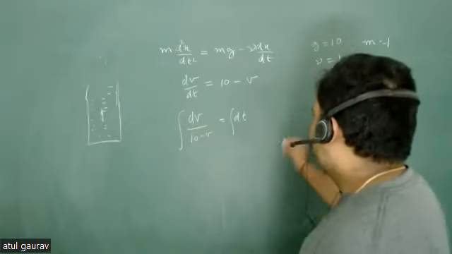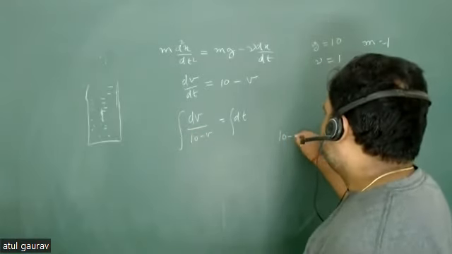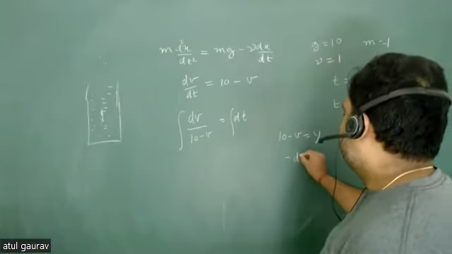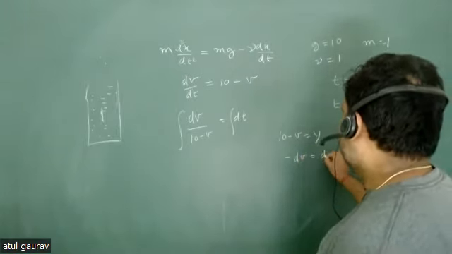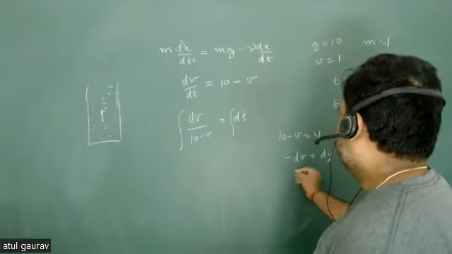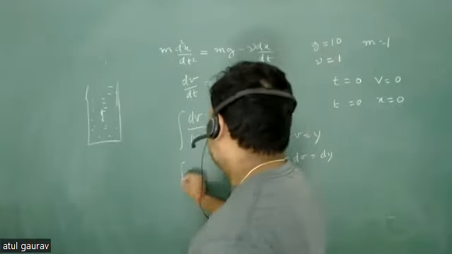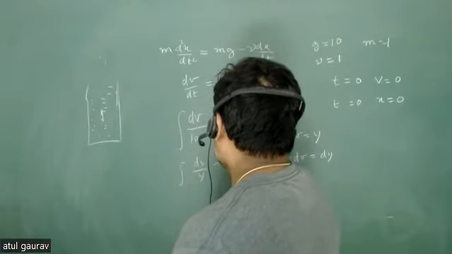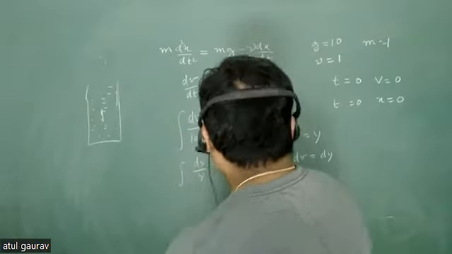Now how you will solve it? You can just put 10 minus v is equal to y. So you can just put minus dv is equal to dy, and you have dy/y is equal to minus dt. And then finally we will integrate it.